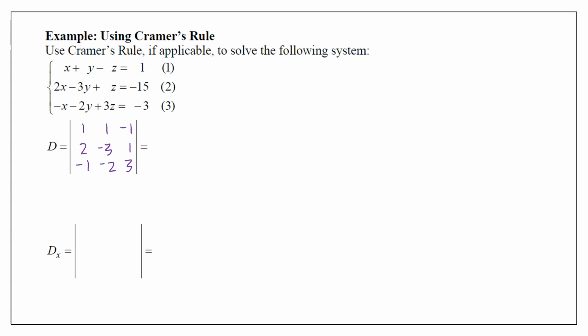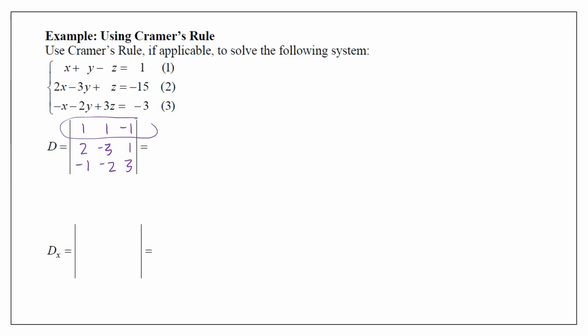Now I want to choose a row or column to expand this determinant to find its value because it's 3 by 3. So the row or column that I'm going to use is going to be row 1. And I've chosen row 1 because it all has 1s or negative 1s, which will be much simpler to multiply. Not saying 2 or 3 won't be simple, but more simpler.